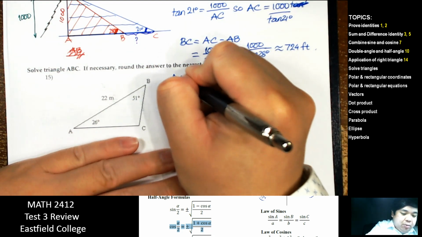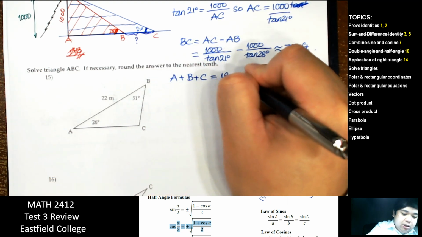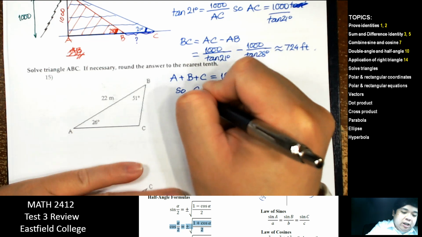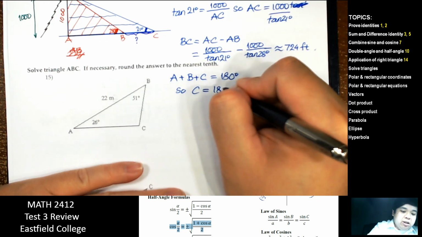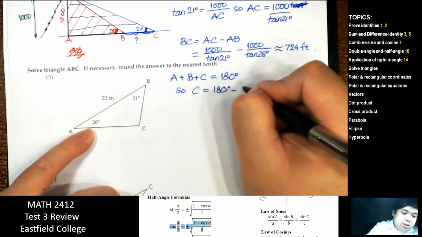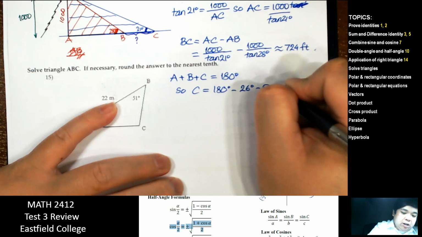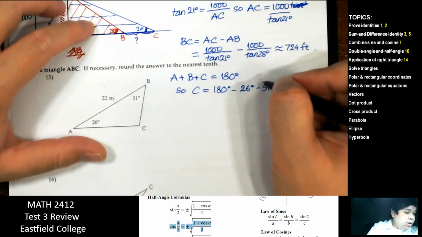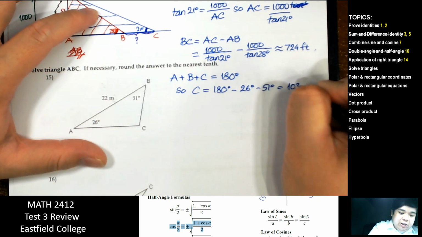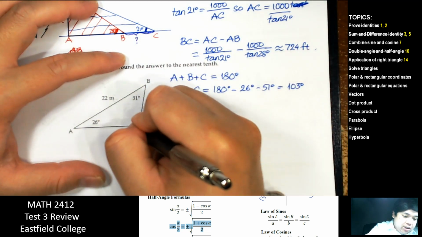So A plus B plus C is 180 degrees. So angle C is the supplement of those angles. 180 minus 26 minus 51 is 103 degrees. Right, so now we know that we can put it here.